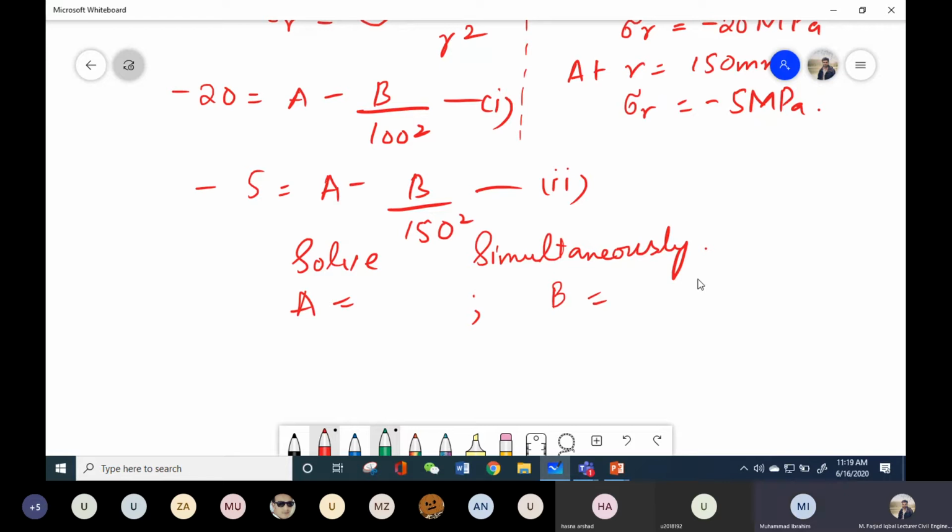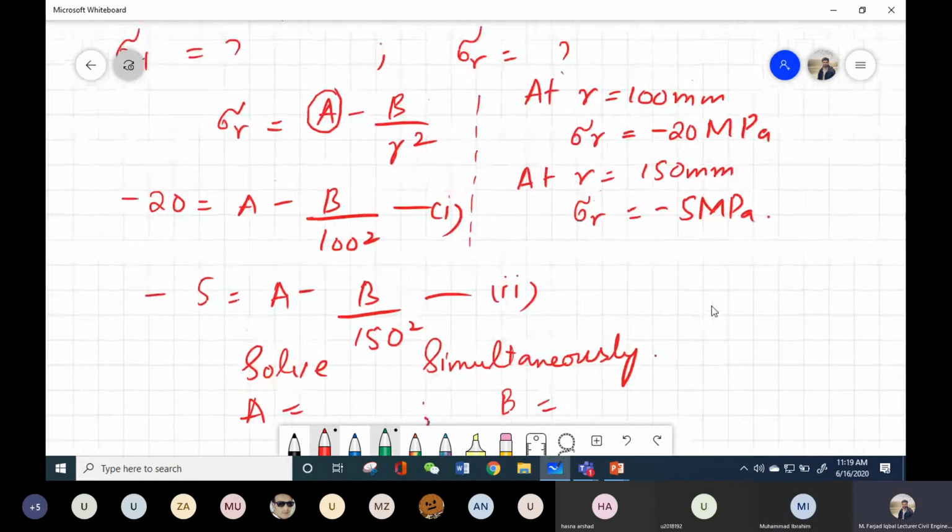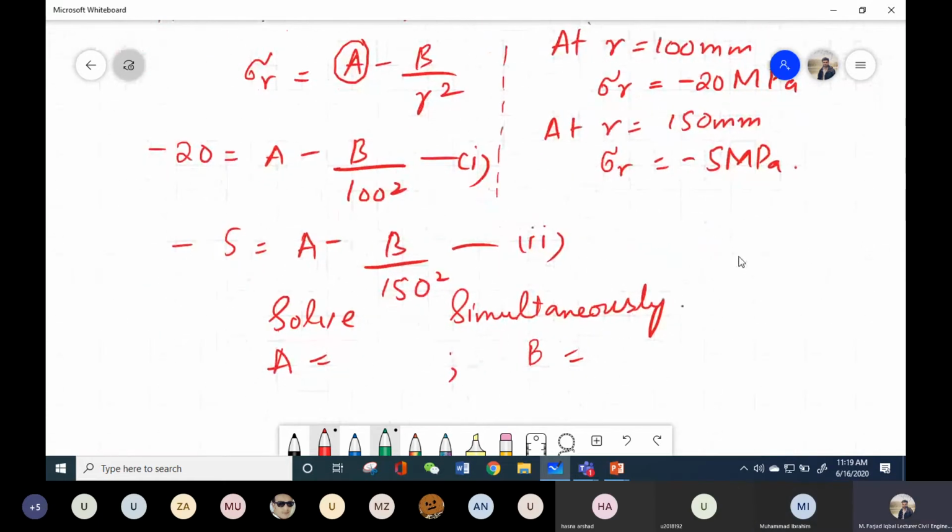So 2.16 into 10 to the power minus 3. B. So either I have the wrong answers or maybe you are making some mistake.